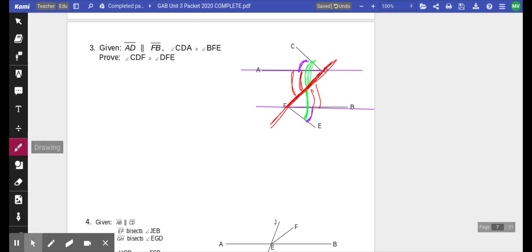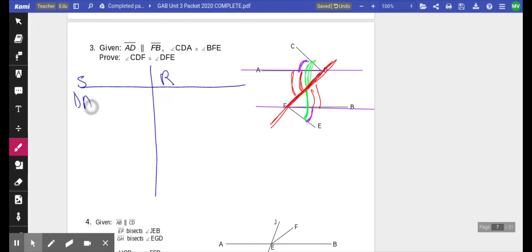So now I'm going to get started. Statements, reasons. I have AD is parallel to FB. And I know CDA is congruent to BFE. And that's my given.